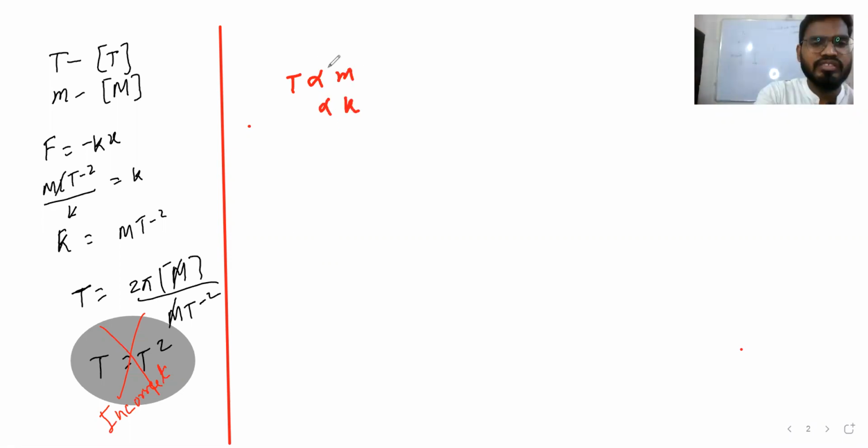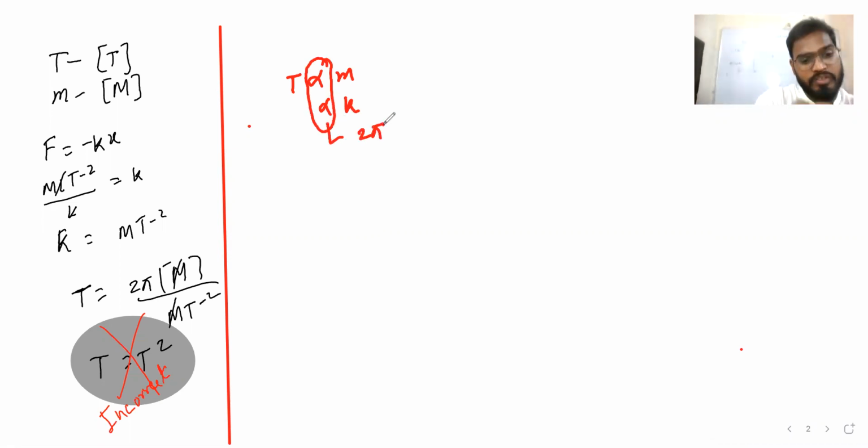Taking 2 pi as the constant here, the time period is 2 pi m to the power a, k to the power b.